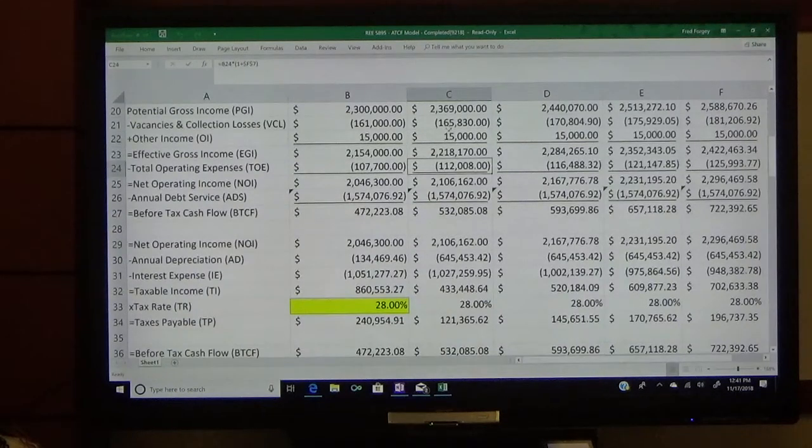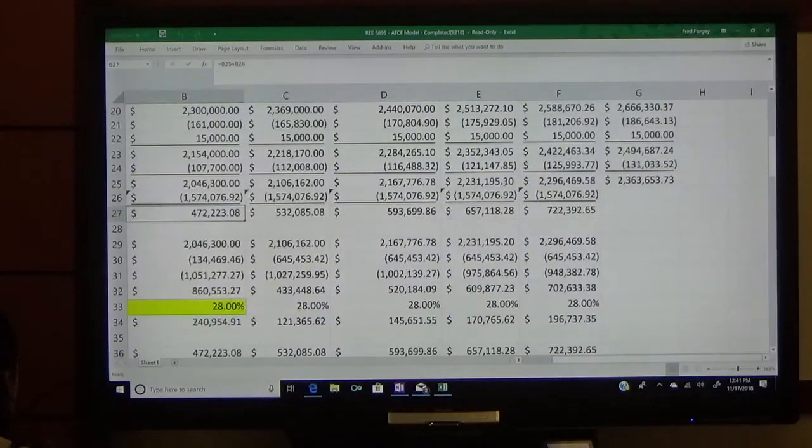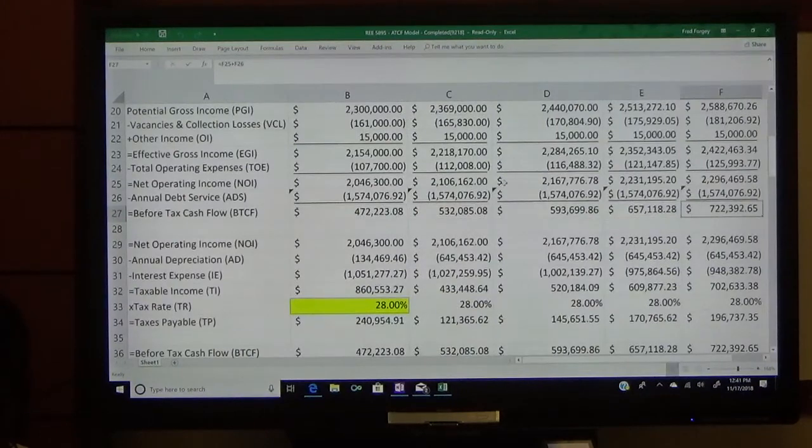Coming down to operating expenses, you're taking the previous year's operating expenses and multiplying by 1 plus the growth rate all the way across. Our annual debt service remains constant all the way across. That should get us all the way down to before tax cash flow.